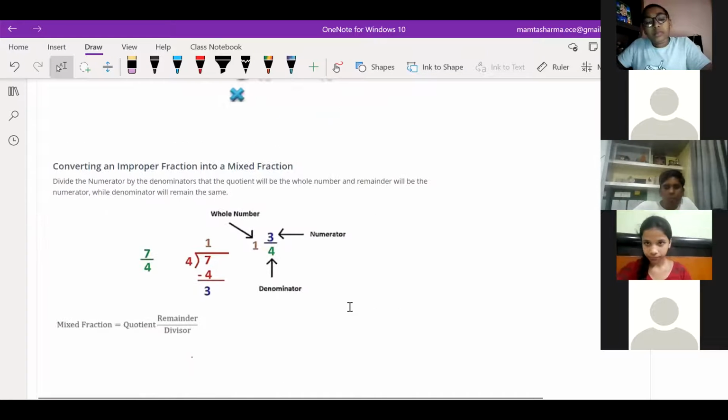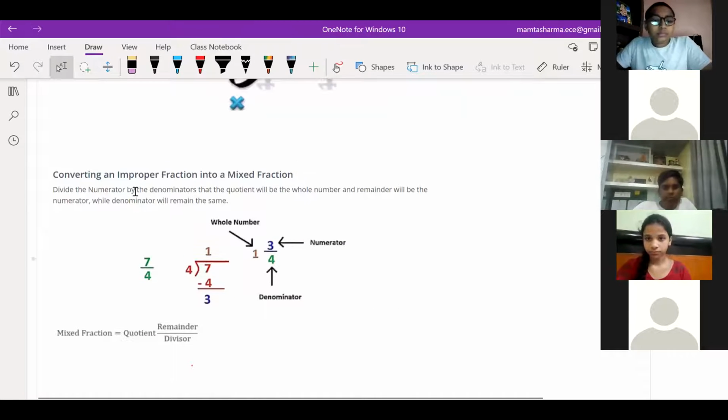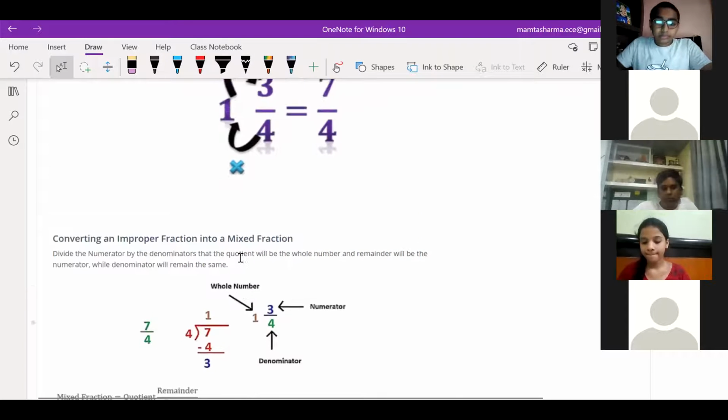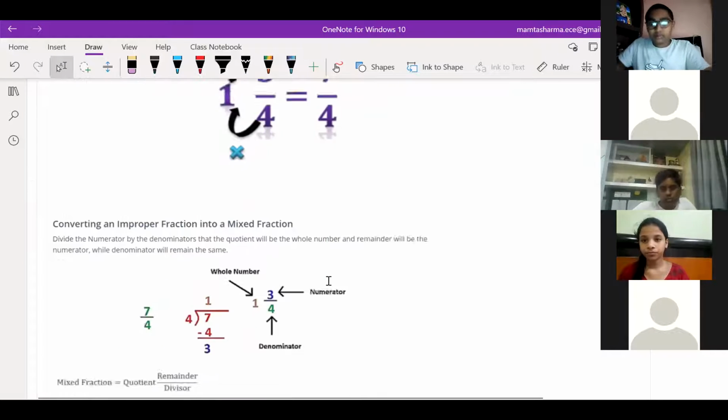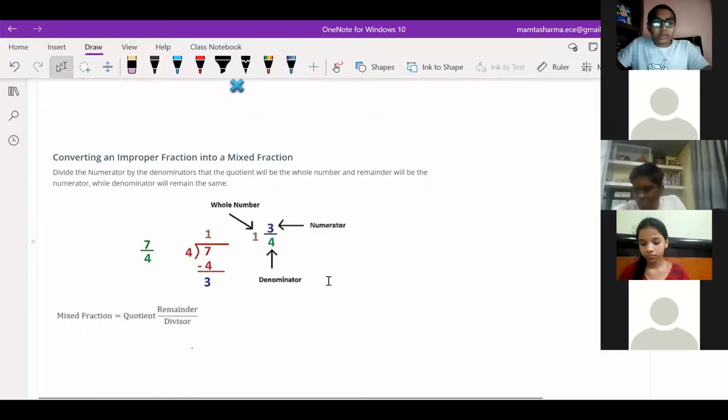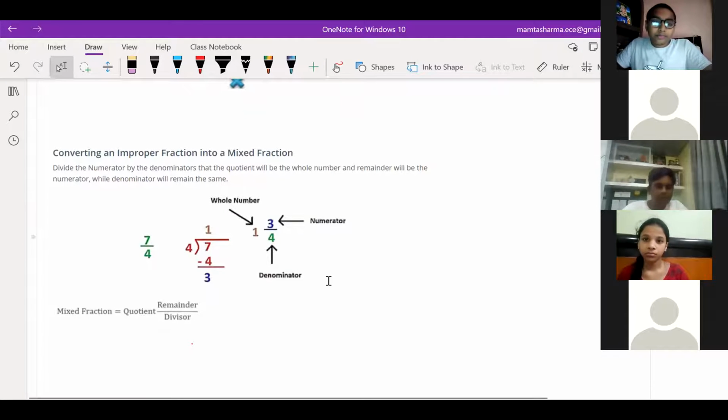Now, how will you convert any improper fraction into a mixed fraction? First we should divide. The reverse operation of this. The quotient will be the whole number. Just divide them.